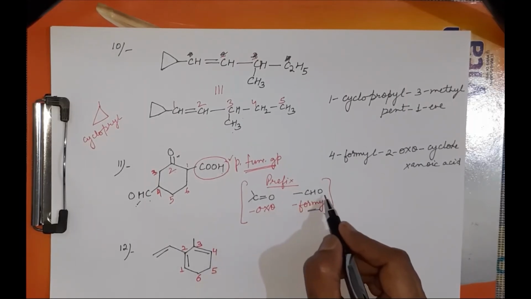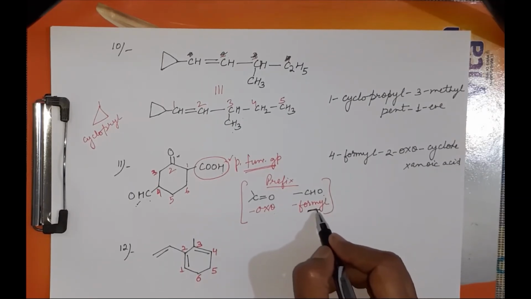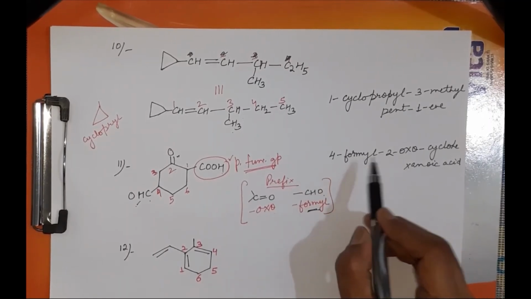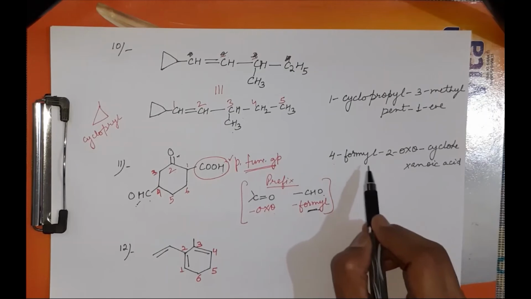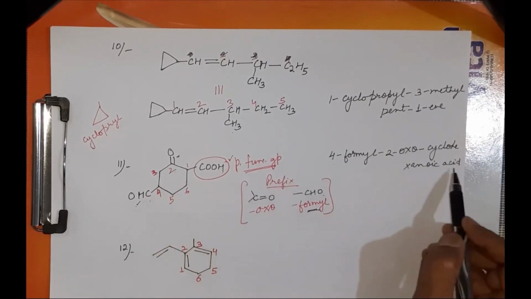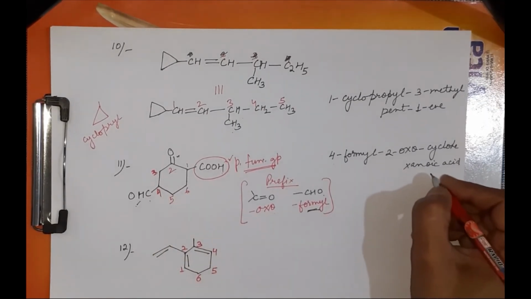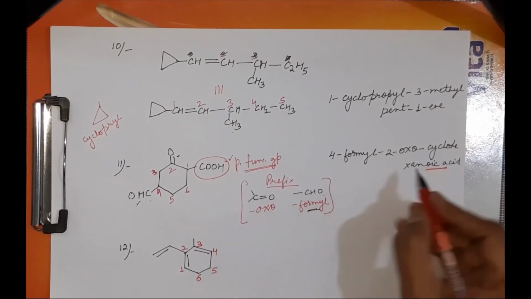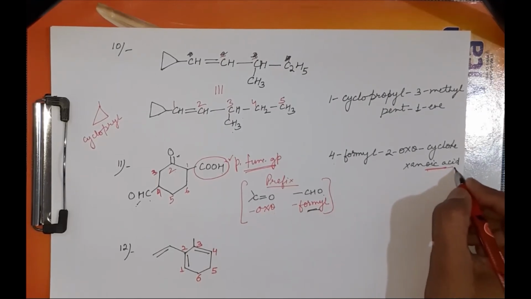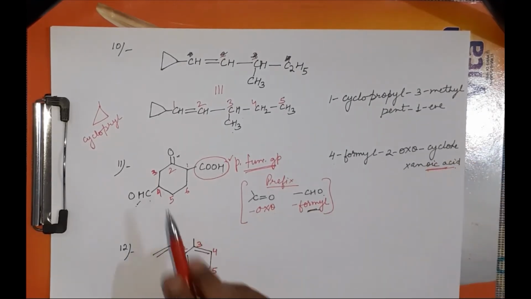In case of aldehydic group as a substituent, the word formyl is used as a prefix. Then we will write the name like this, in alphabetical order: 4 formyl, 2 oxo, cyclohexanoic acid. Oic acid, because this principal functional group COOH is there. Cyclohexane because it is a cyclic compound. Okay, hope it is clear.